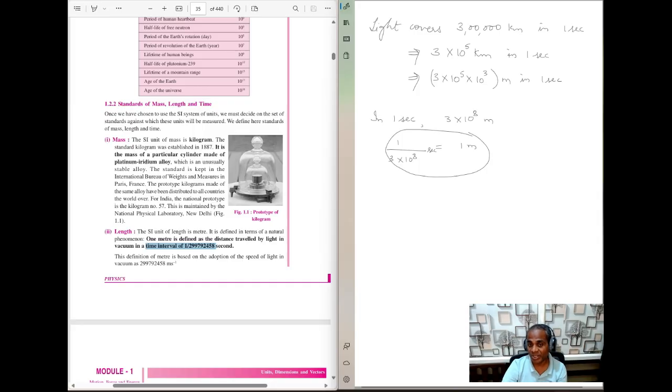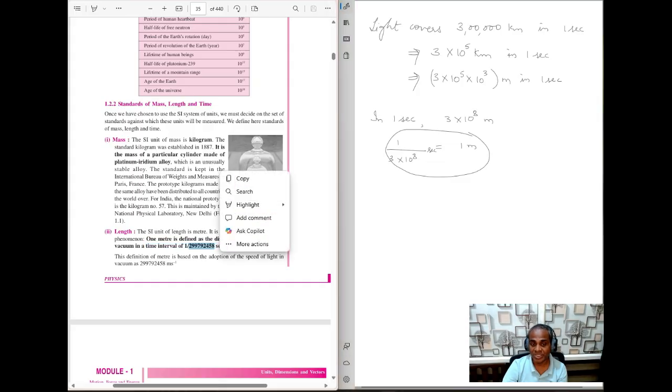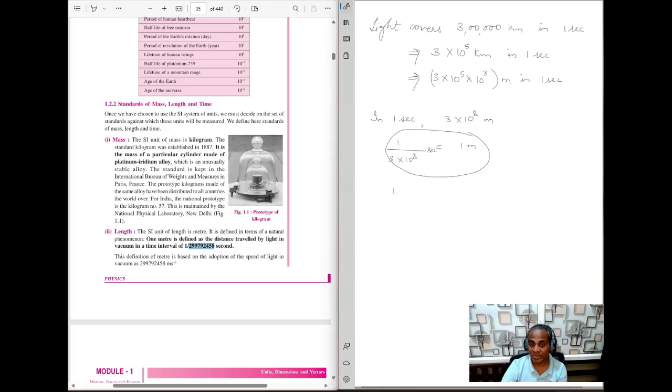So 3 into 10 raised to 8 is approximate. Here, if you see this, 299,792,458, it's just an approximate. You can say it is 2.998 into 10 raised to 8. So let's write it: 1 by 299,792,458.